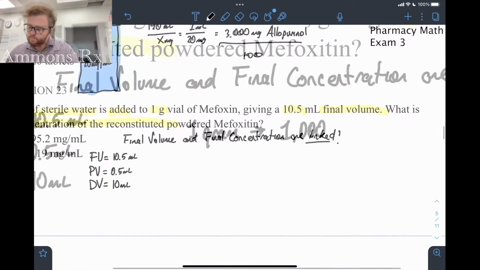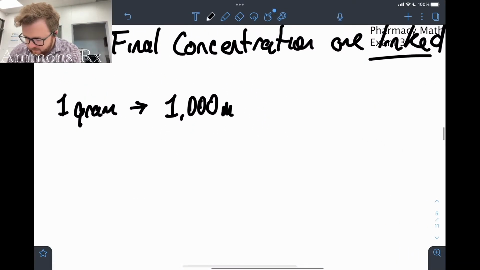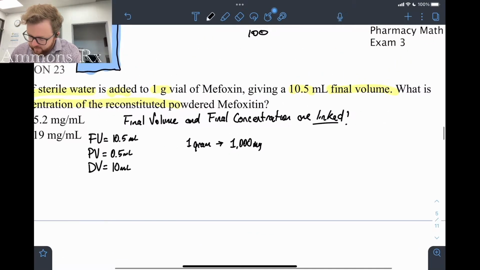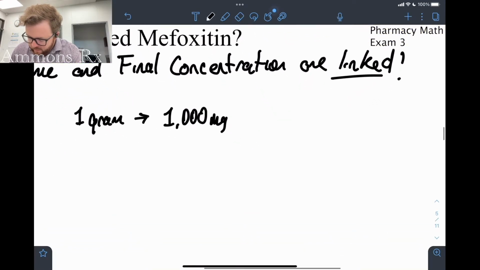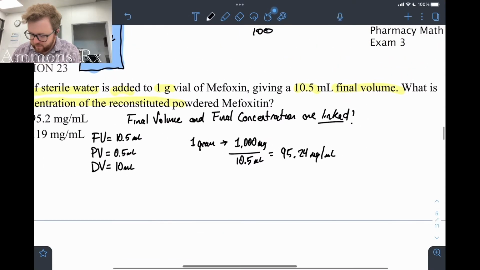Okay. So our 1 gram is 1,000 milligrams. And what is the final volume that's going to be in? It's 10.5 mils, which 1,000 divided by 10.5 is going to be 95.24 milligram per mil.